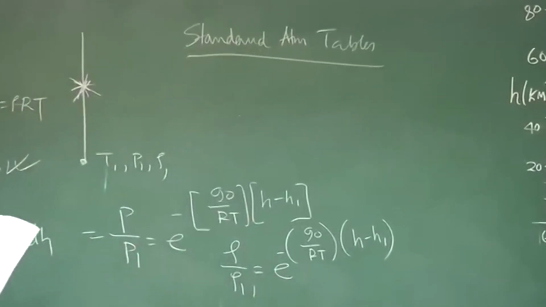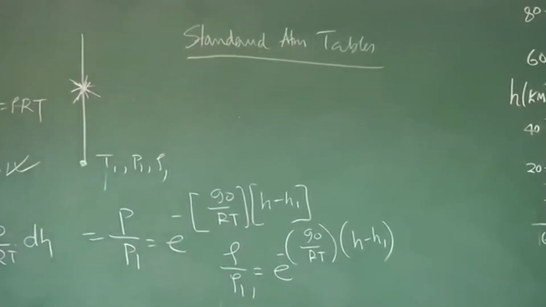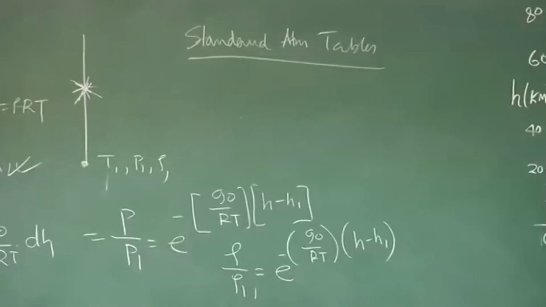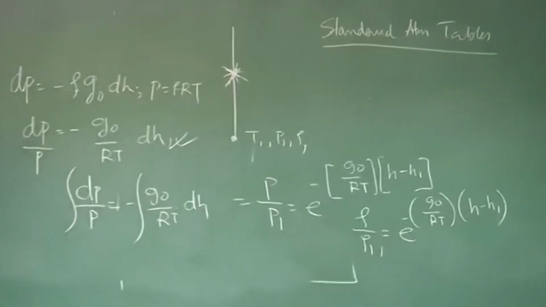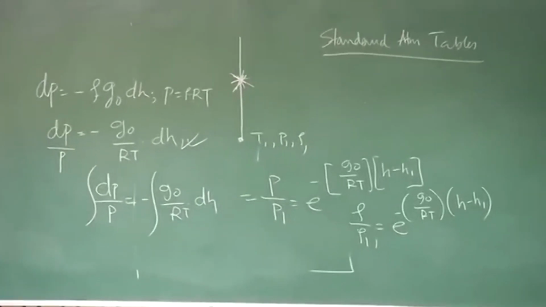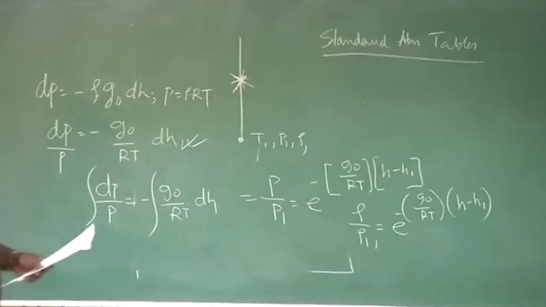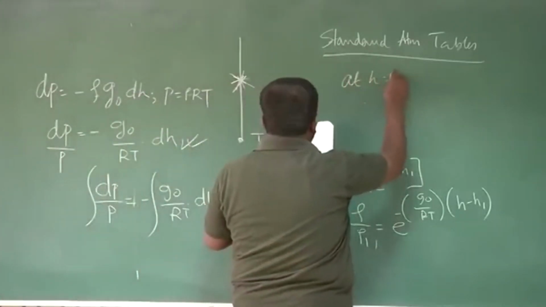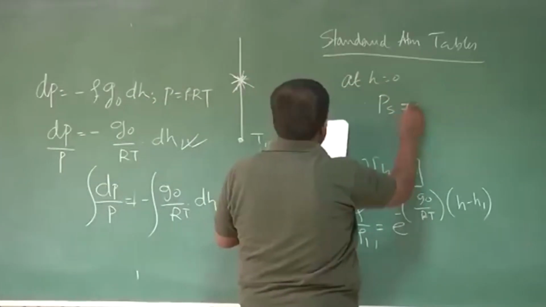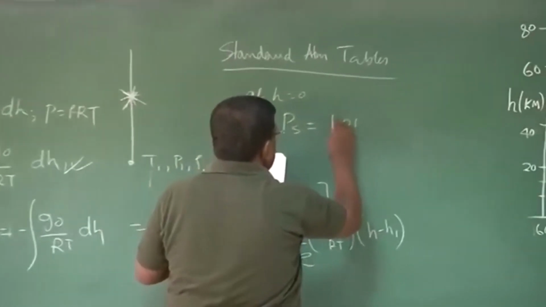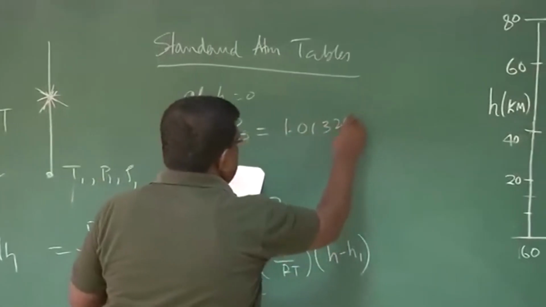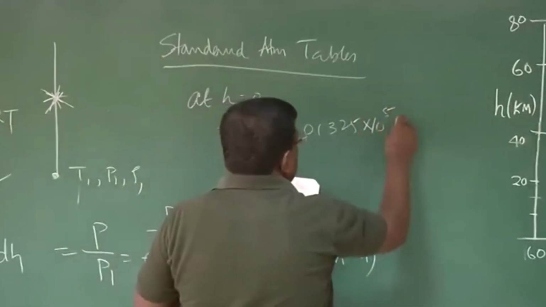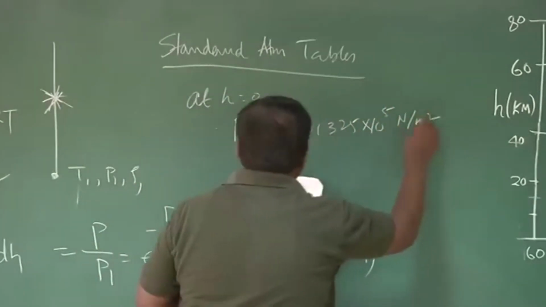And of course, the standard value for pressure, temperature, and density at sea level is a fixed number, and we all take that as the standard condition, that is at h equal to 0, P standard is 1.01325 into 10 to the power 5 Newton per meter square.